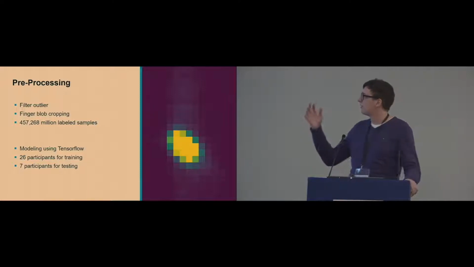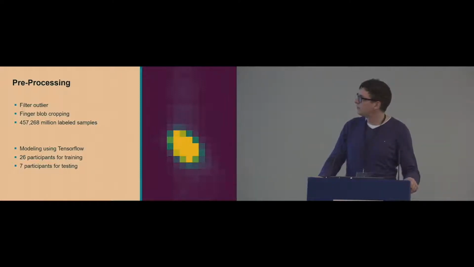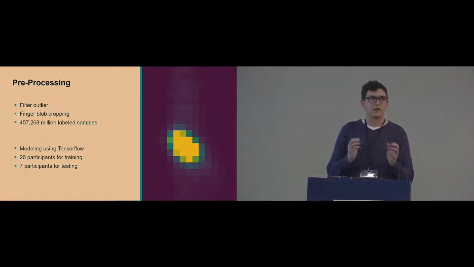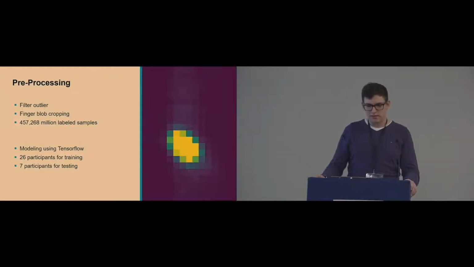As you can also see, there is some filtering we need to do to really get that one blob of the finger. We first did outlier detection, because sometimes the capacitive values are not perfect, so we have some peaks and we got rid of them. Then we did a simple blob detection to ensure that there was a finger on the surface, because in the study, participants every once in a while just lifted their finger.